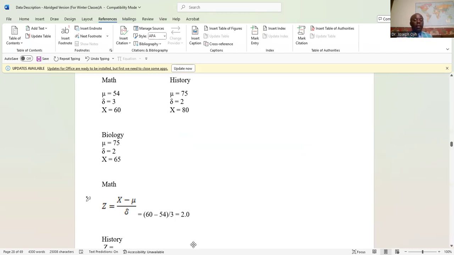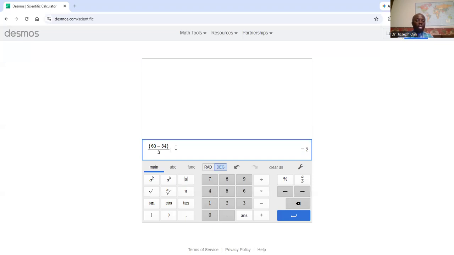So 80 minus 75, divided by 2, gives 2.5.